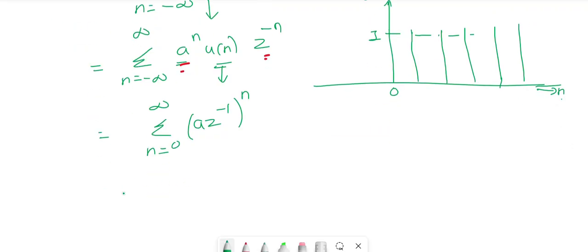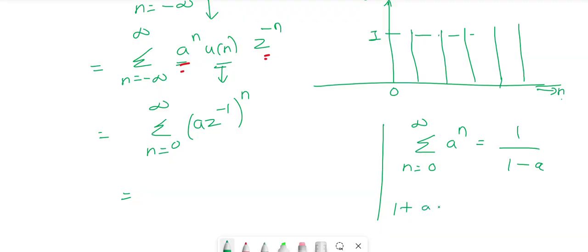Now the summation of n equals 0 to infinity of a power n is equal to 1 by 1 minus a, that is 1 plus a plus a square up to infinity. If the magnitude of a is less than 1, then you can use this formula.